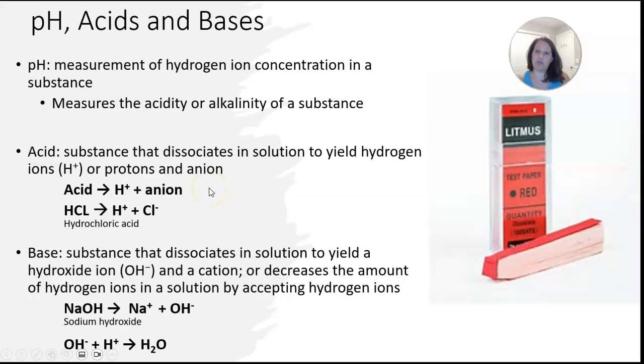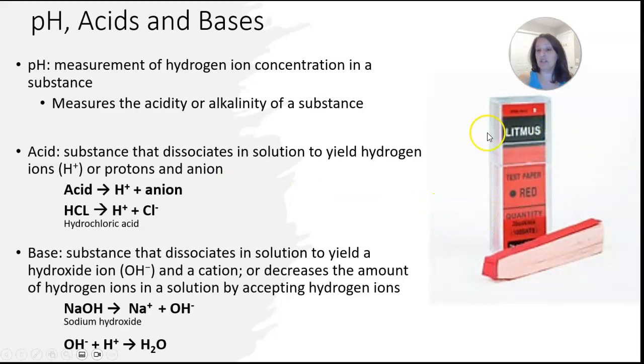So when we measure pH, we're actually measuring the concentration of those ions in a solution. And what this will tell us is how acidic or basic the solution is, or if it's neutral. So it measures the acidity or the alkalinity of a substance. And over here on the right, I have a picture of litmus paper.